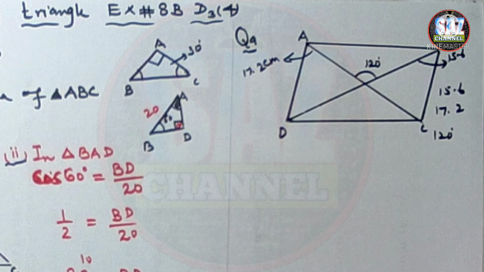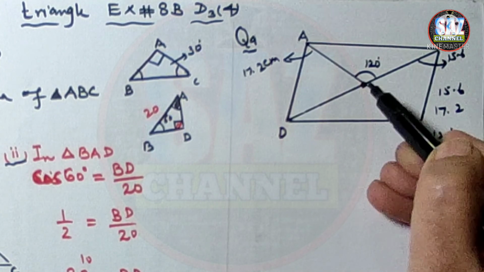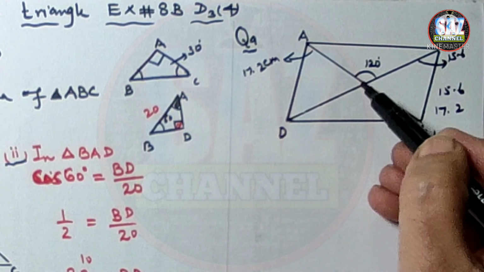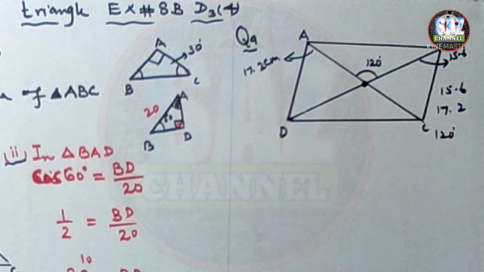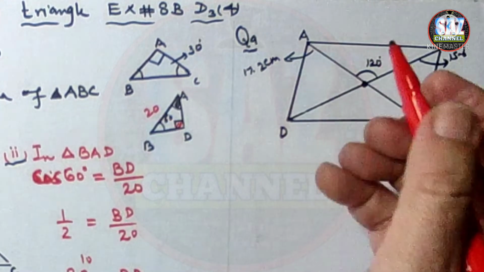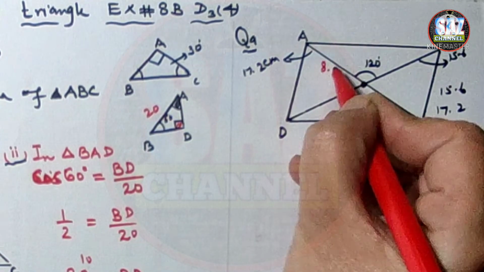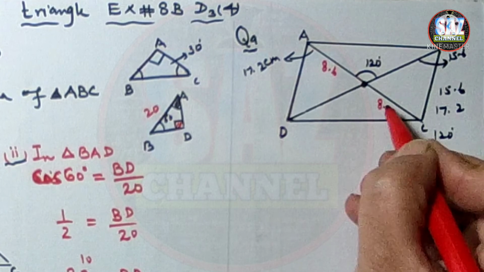Now look, when the diagonals meet at the middle of the parallelogram, they divide each other into two equal parts. So the diagonal 17.2, when divided by 2, becomes 8.6 on this side and 8.6 on this side.